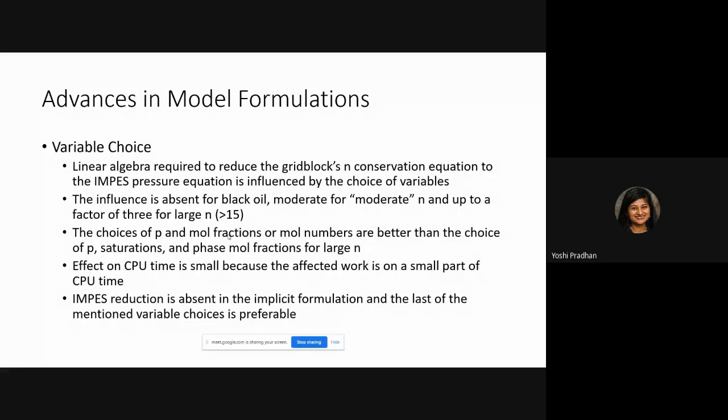So relaxed volume helps with the CPU time. There's also variable choice. In linear algebra, it's required to reduce the grid block's N conservation equations to the IMPES pressure equation, and that's influenced by the choice of variables.